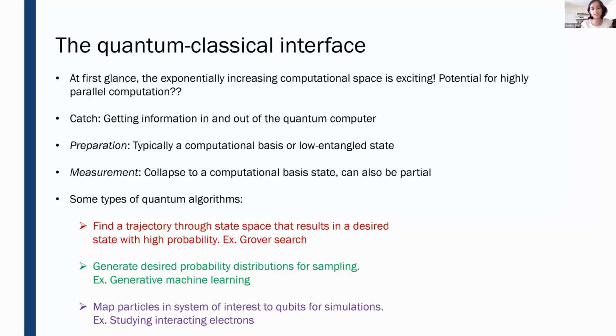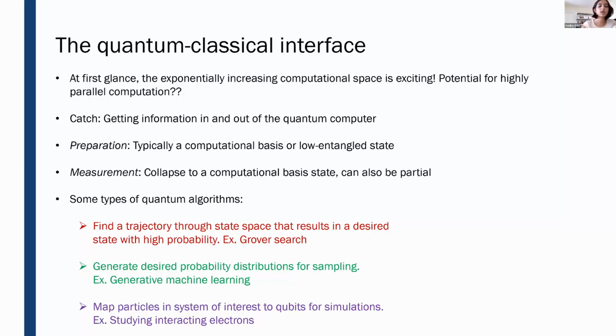Then another kind of example is simulations, right? So for example, if you want to study interacting electrons, you can do certain transformations that map electrons to qubits. And then one of the things you might want to do is time evolve the system under a certain Hamiltonian.